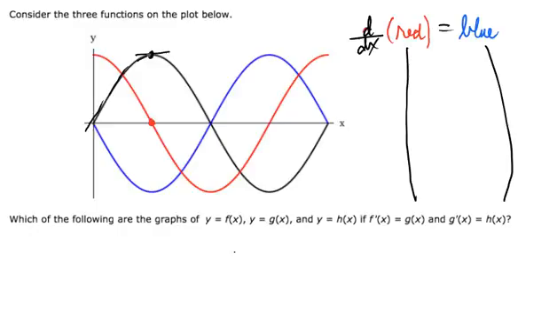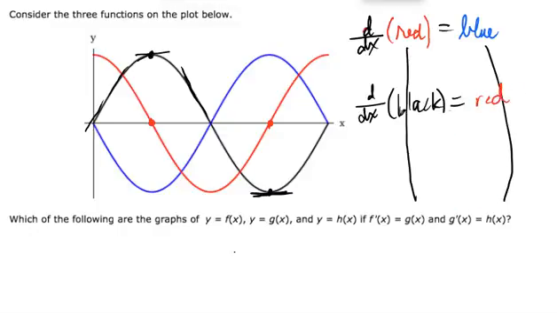Then it equals 0 where the slope of the tangent to the black is 0, and same thing here. The slope of the tangent line to the black function is 0 where the red function equals 0. And then in between those two dots, the slopes of the tangent lines to the black function are negative, which corresponds to where the red is beneath the x-axis. So yeah, I think the derivative of the black function is equal to the red function.